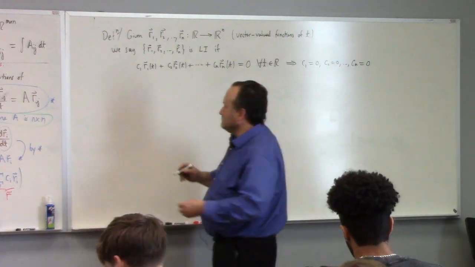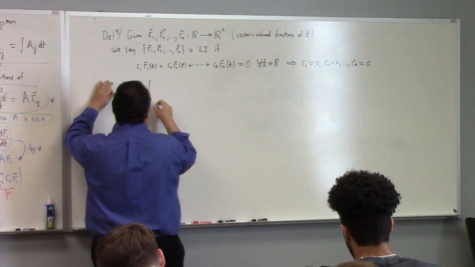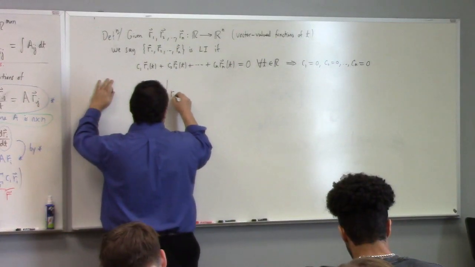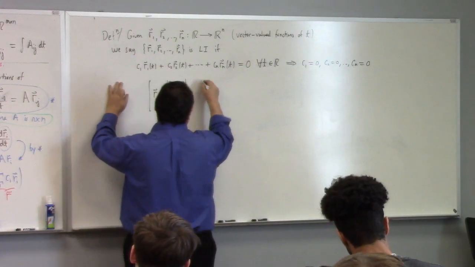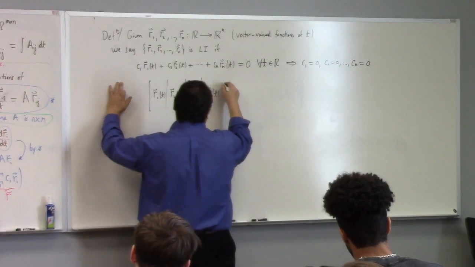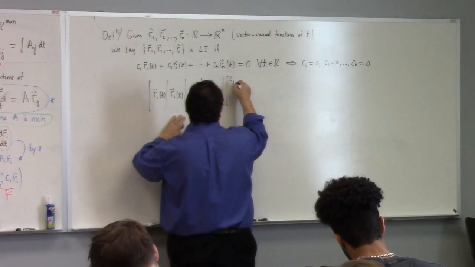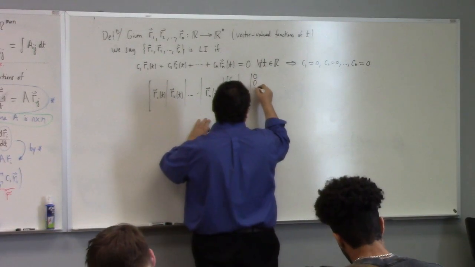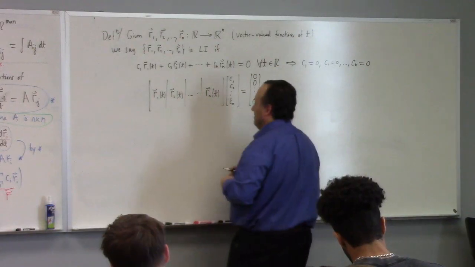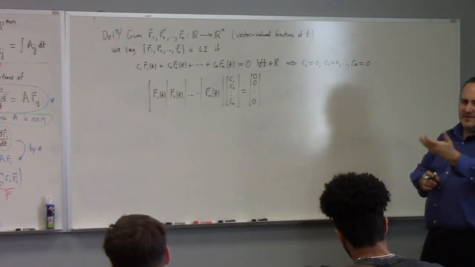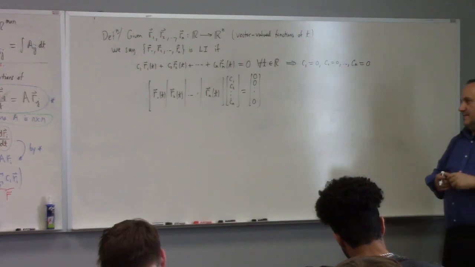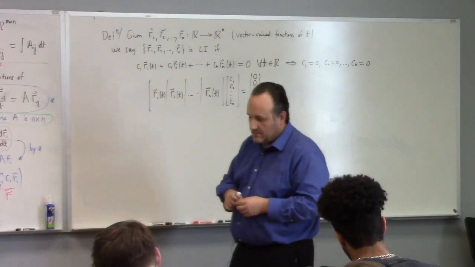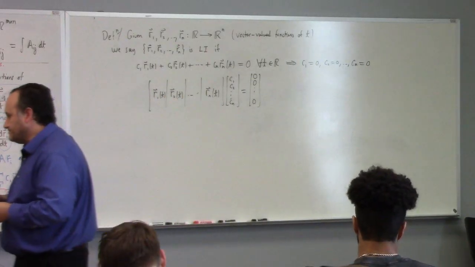But here's the thing. You can rewrite this as a big old matrix times a single constant vector, C1, C2, ..., Cn, equal to the zero vector. So what condition do we need on this matrix for the set of n solutions to be linearly independent?